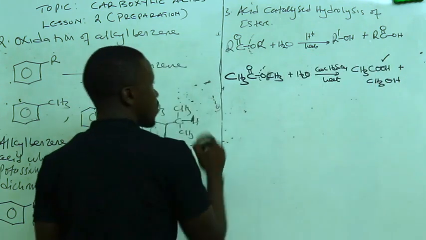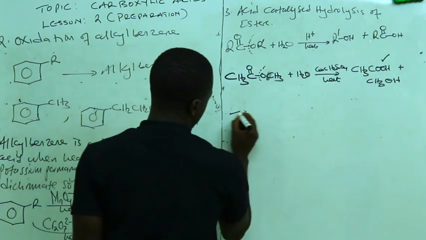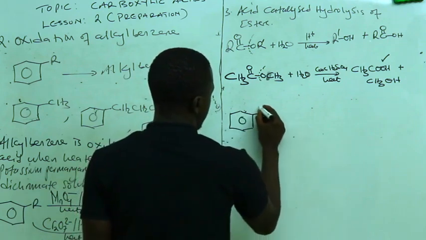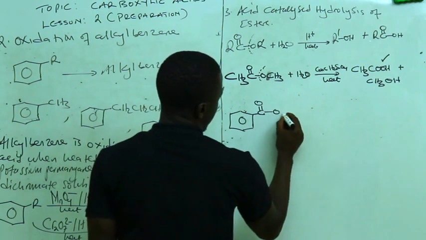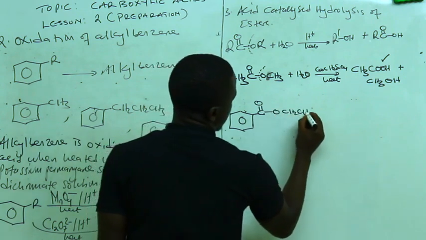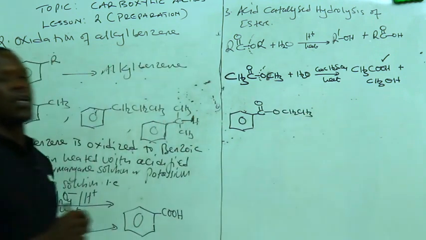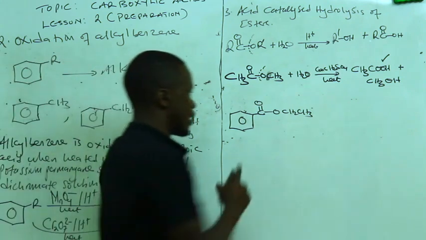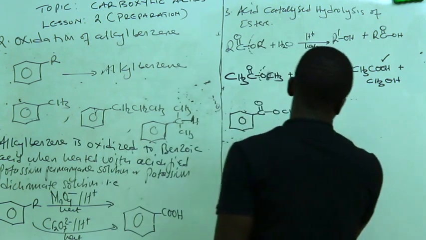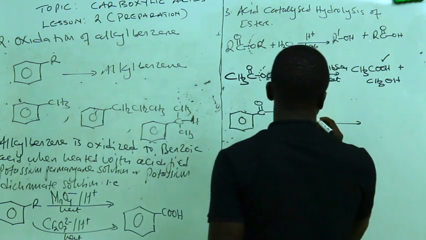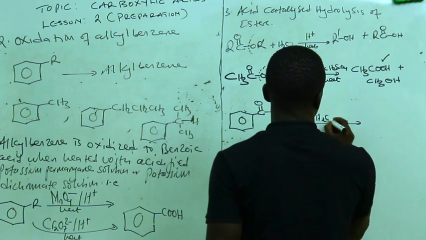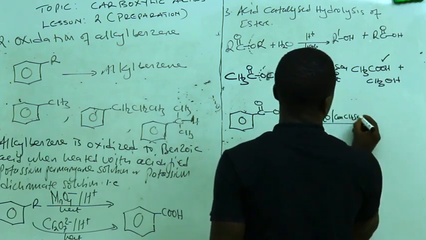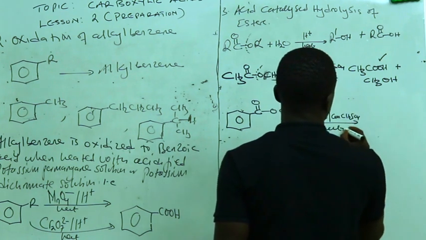And then we could have more examples of this, assuming this was from benzoic acid. And we have an ester like that one. You have ethyl benzoate. This is ethyl benzoate, and we want to hydrolyze this with water in presence of conc. sulfuric acid, and we heat.